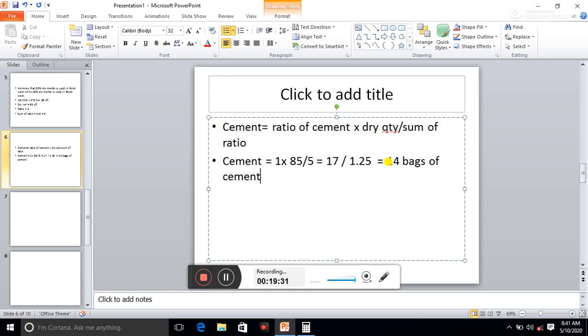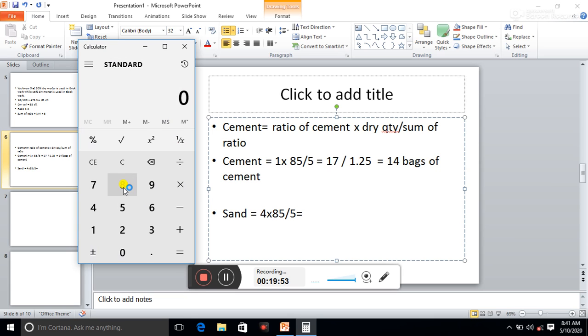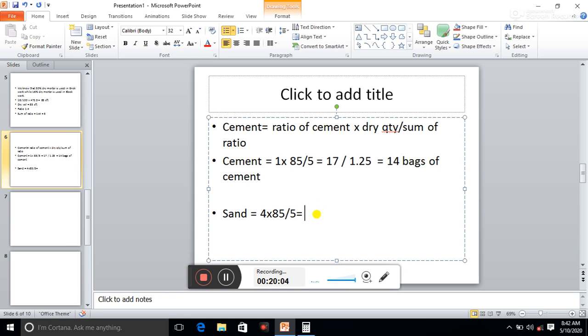Now we will find sand quantity. For sand we have the same formula: ratio of sand multiplied by dry quantity divided by sum of ratios. The ratio of sand is 4, dry quantity is 85, divided by sum of ratio 5. So 85 into 4 divided by 5 will give 68 cubic feet.